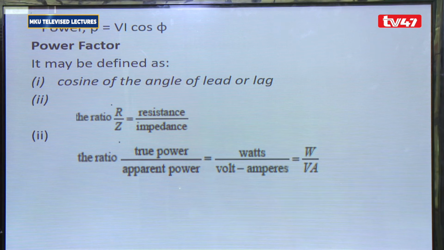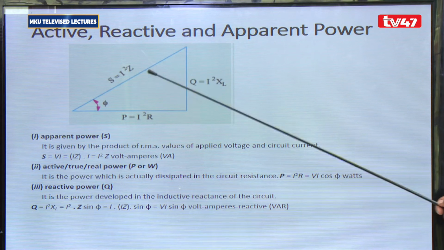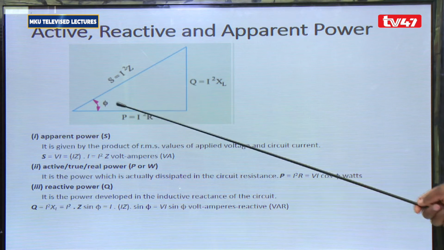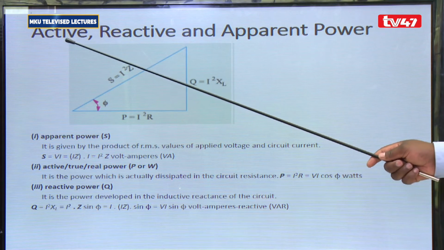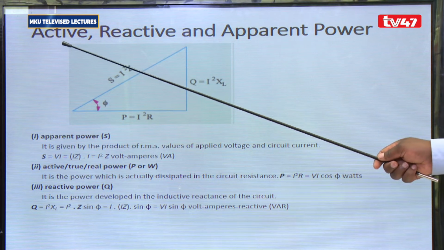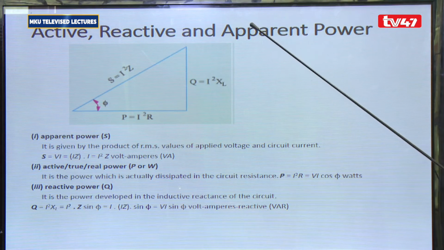And then these powers that you are talking about, the true power, reactive power, we have a power triangle here, which gives us three types of powers. Active power, which is also called true power or real power, reactive power, and apparent power.